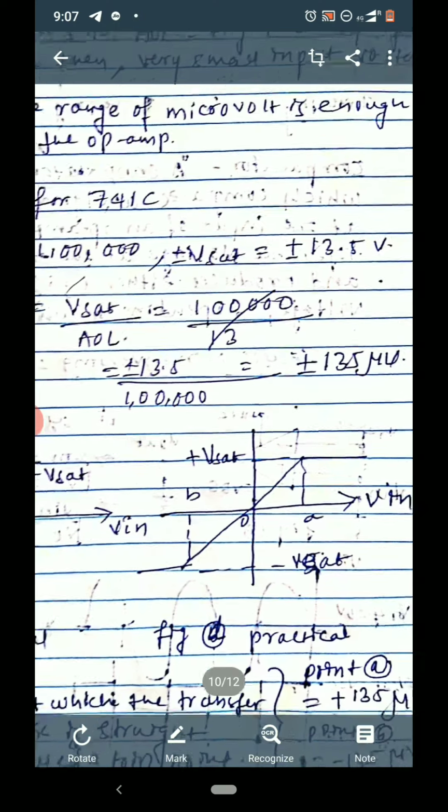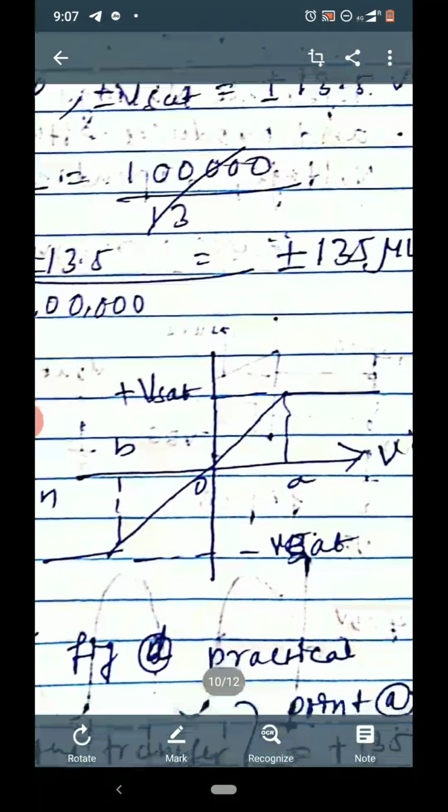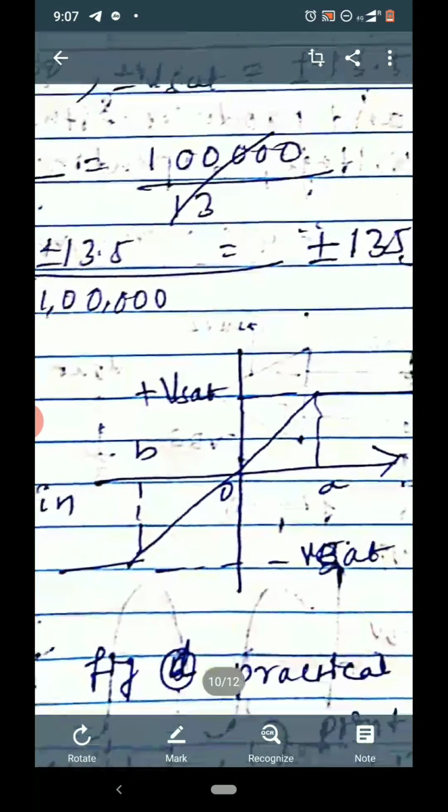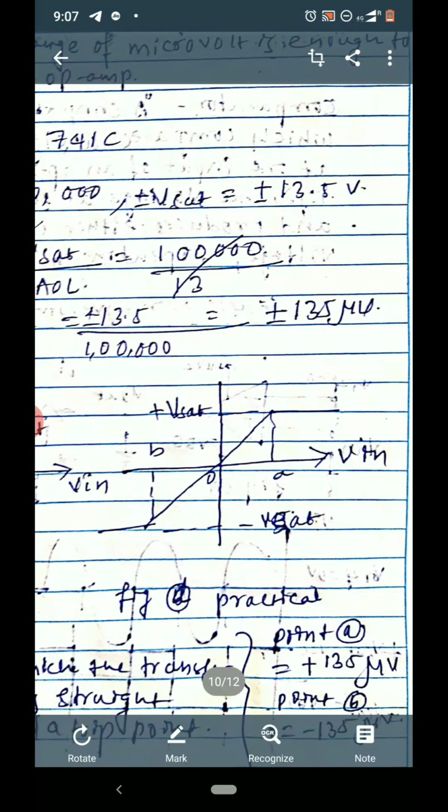What do you mean by this? Look at this diagram. You can see there are 2 points marked. One is A, another one is B. A means plus 135 microvolt, B means minus 135 microvolt. So till A, plus 135 microvolt, your output is a straight line. Similarly, till B, your output is a straight line in the negative direction.